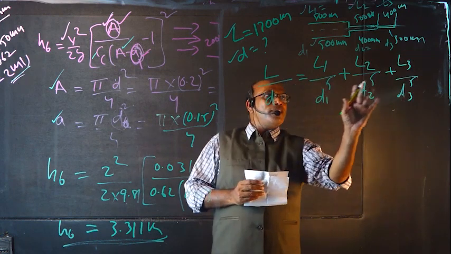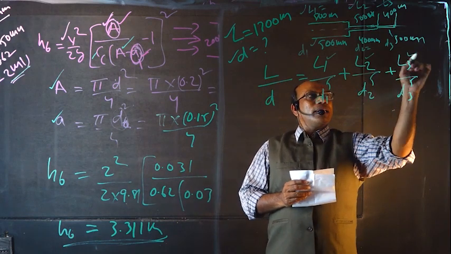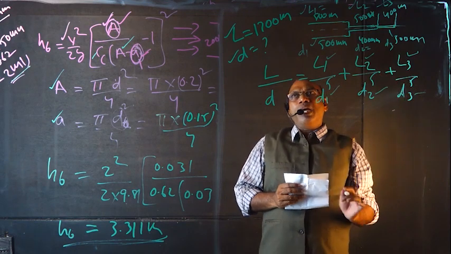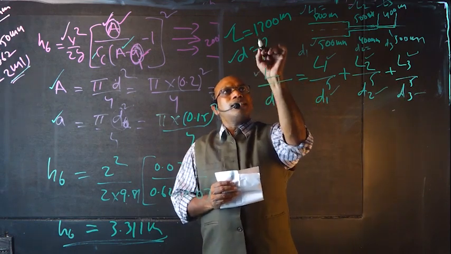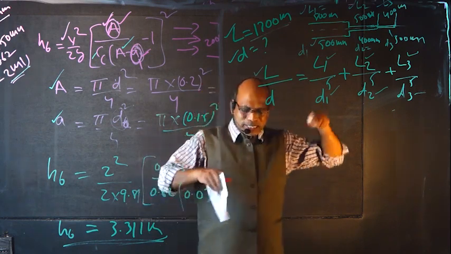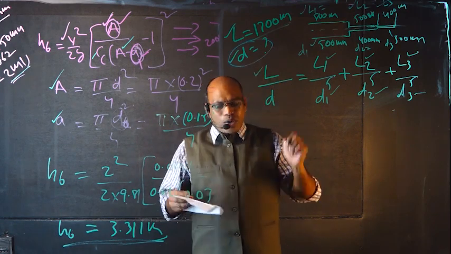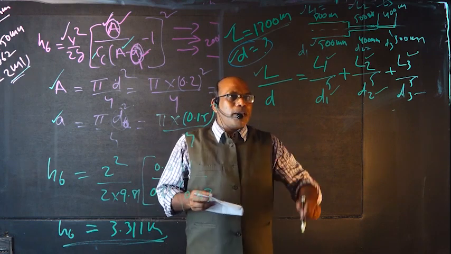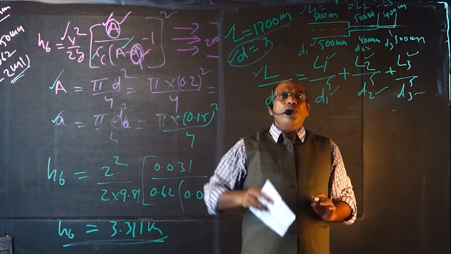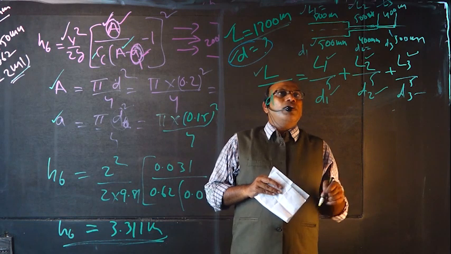Now all values are known to us: L1, L2, L3, D1, D2, D3, and the equivalent pipe length is also given in the problem, 1700 meters. Only unknown is the diameter of the equivalent pipe. Now we are going to substitute all the known values here. Finally, we are going to determine the diameter of the equivalent pipe.